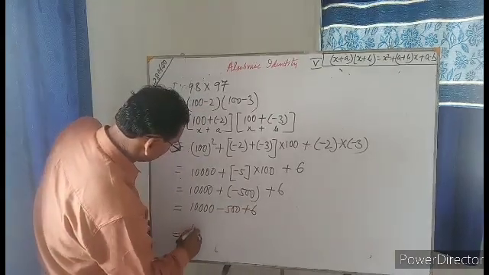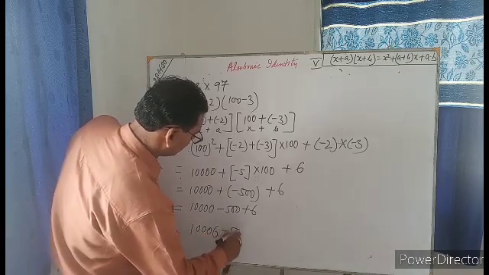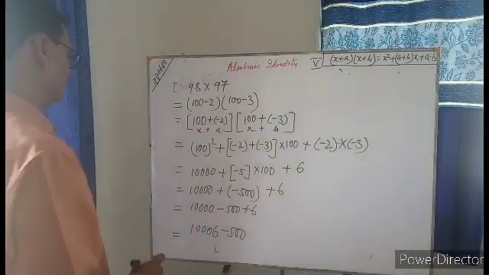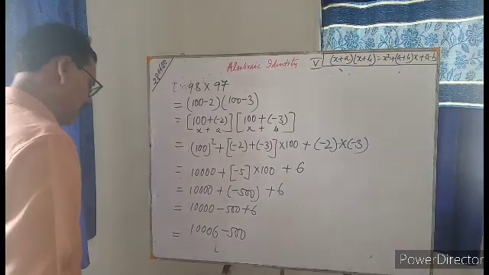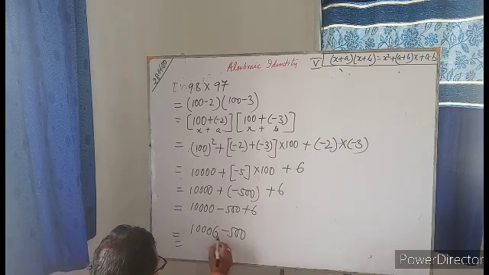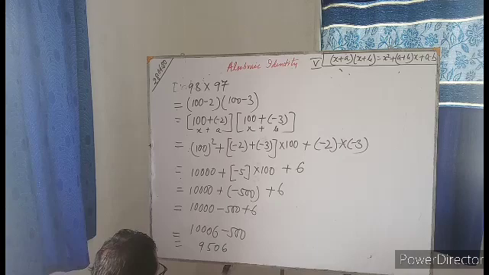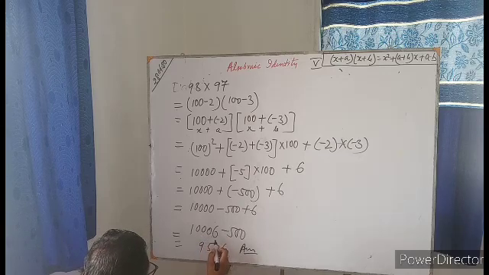What will you do? 10,006 minus 500. To subtract, you will have 9,506.